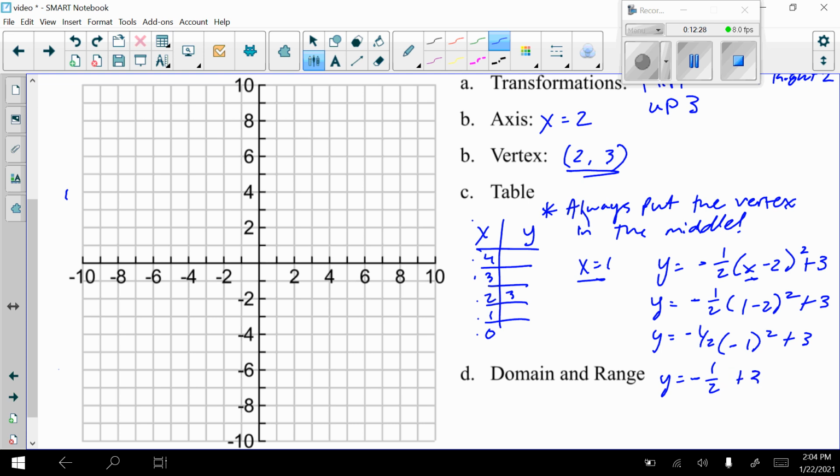So we get -1/2 plus 3, and that gives me positive 2.5. So if I plug in 1, I get 2.5. Now let's plug in 0. Let me give myself a little bit of room here.